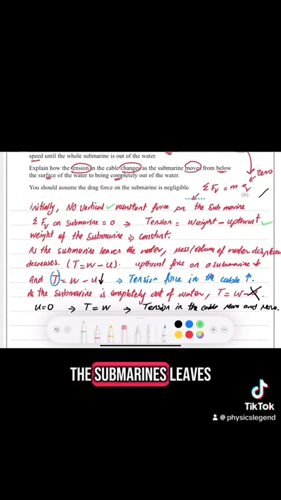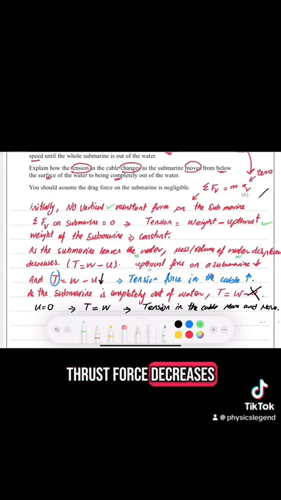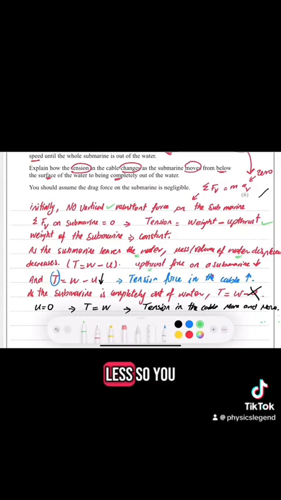As the submarine leaves the water, this is really important because we need to know what happened to the tension force. I said the volume or the weight of the displaced water, or the upthrust force, decreases. This one I already mentioned. Once you mention the upthrust force decreases because it's linked to the amount of water displaced being less, you get indicative points 3 and 4.